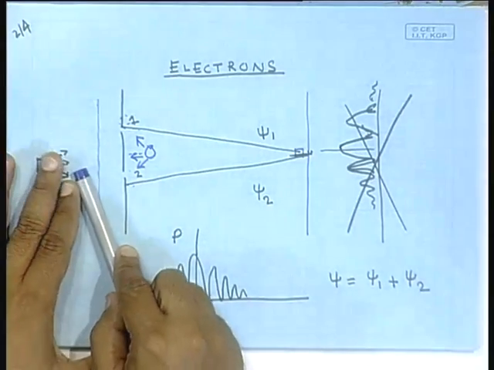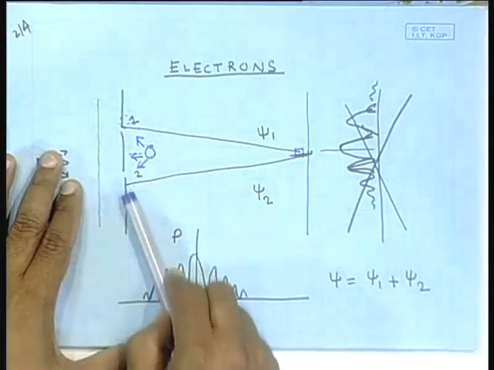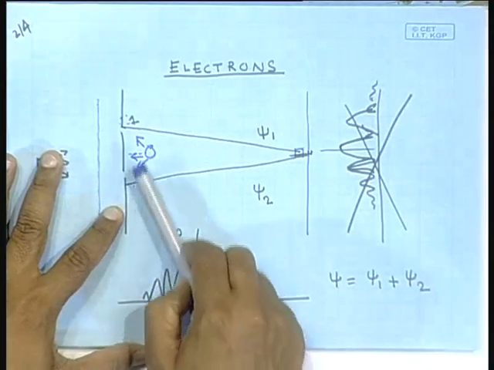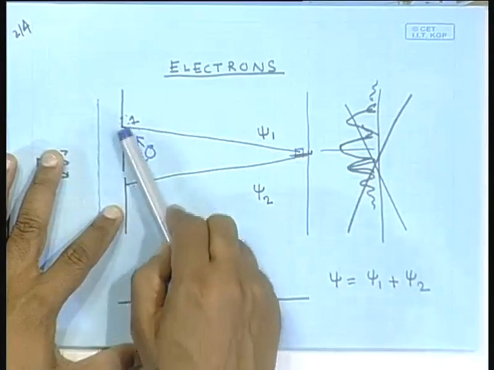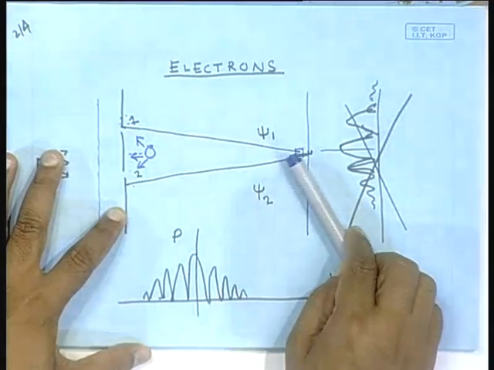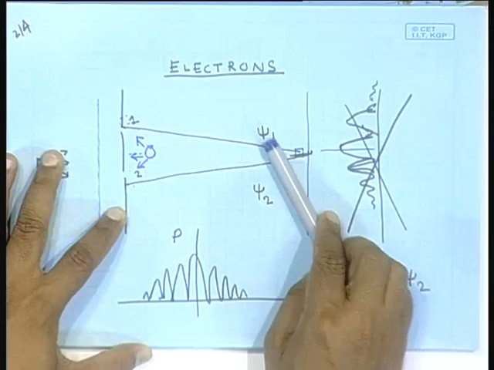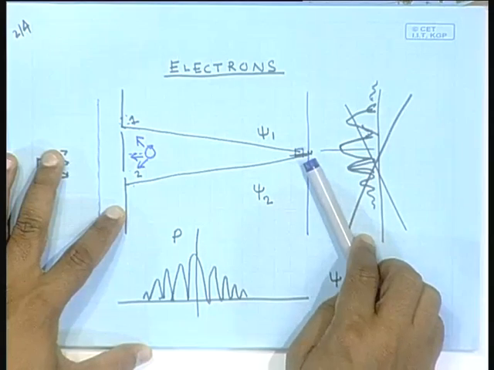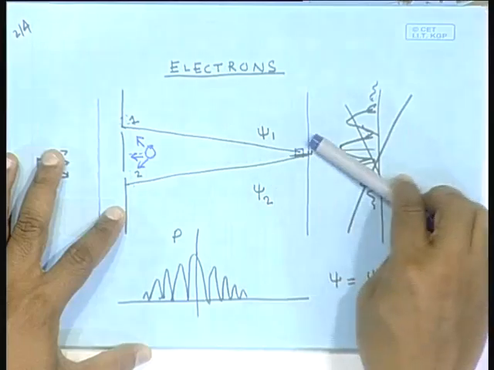So, when the wave associated with an electron arrives at the slits, each slit acts as a source for secondary waves, and if you wish to calculate the resultant at some point on the screen, you have to add up the contributions from this slit and this slit.